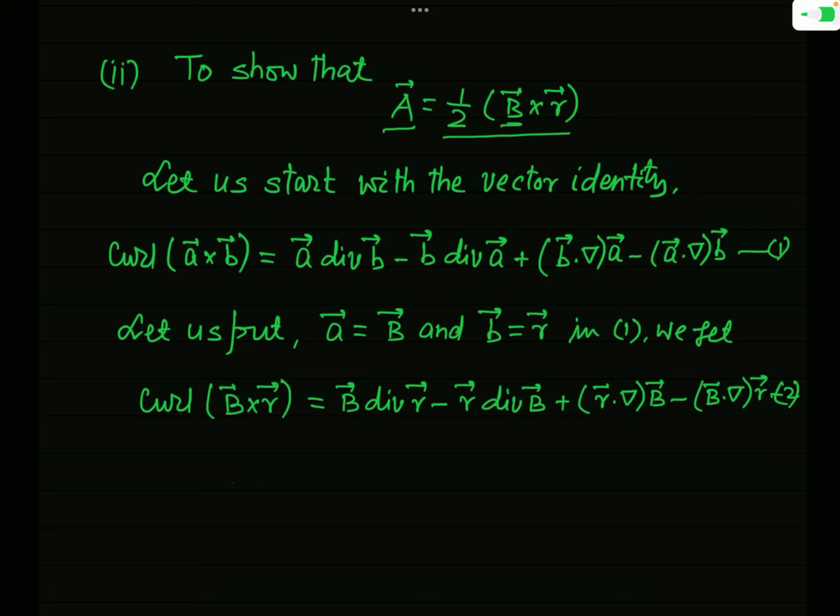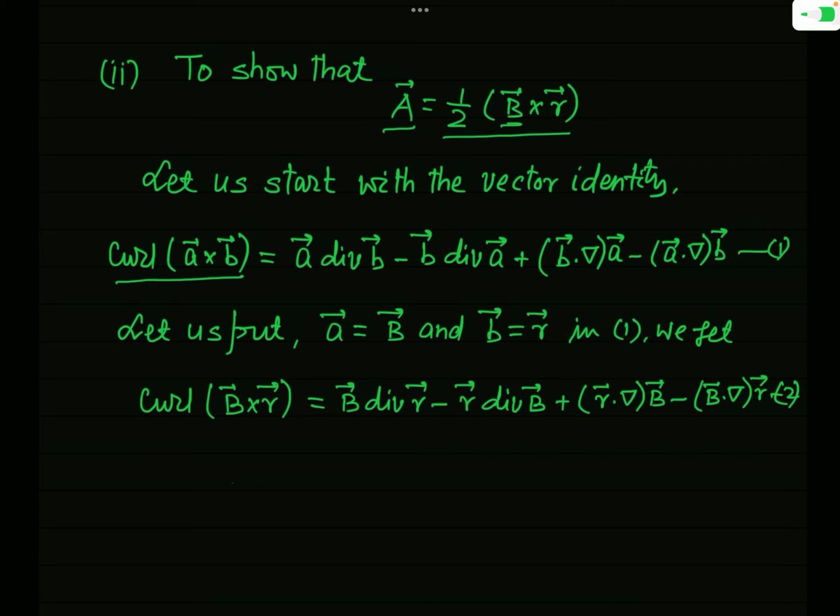Remember. Now, to prove this result, let us start with a well-known vector identity. You have definitely studied in vector calculus this vector identity, the curl of the vector product of two vectors A and B, curl of A cross B. If you have not studied this, remember this, because whenever you study it in vector calculus, you have to remember this formula.